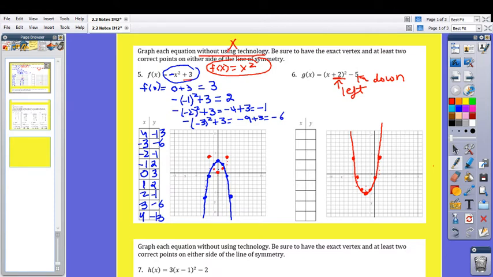Okay, and then the vertex for this one is -2 and -5. For the previous one, the vertex was 0 and 3, which is right here, which we can see here also. For this one, we have -2 and -5.